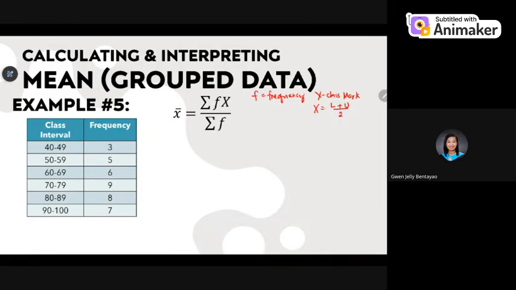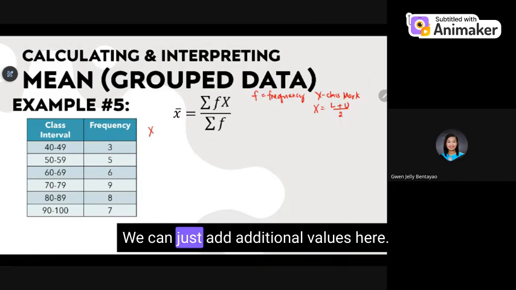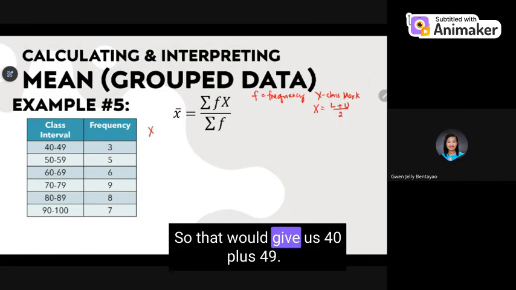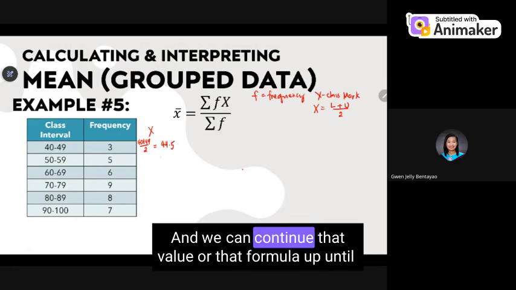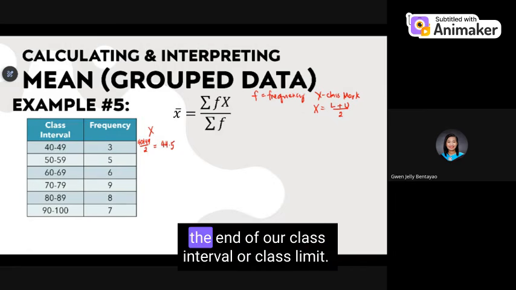So how do we solve that? We can just add the values here. That would give us 40 plus 49 divided by 2. That gives us 44.5. And we can continue that formula up until the end of our class interval.